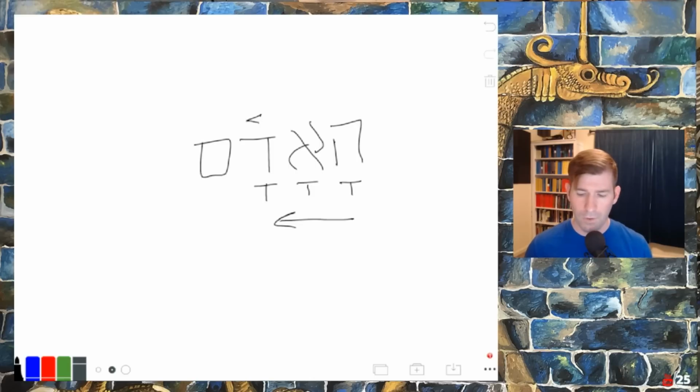So they will put a metheg, this vertical line, next to this vowel here, this qamets, long A sound, to essentially tell you slow down. We want you to pronounce the ha sound in full. Ha-adam. Don't go over it really quickly.